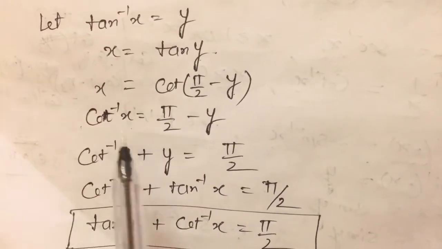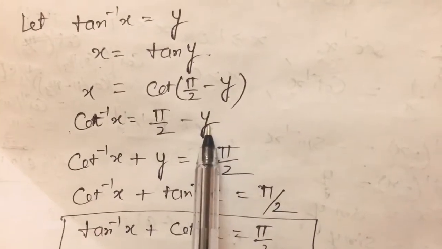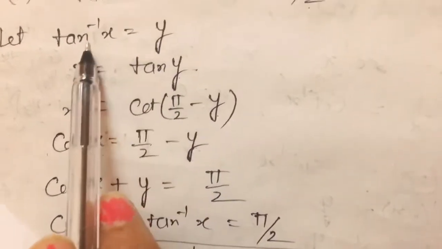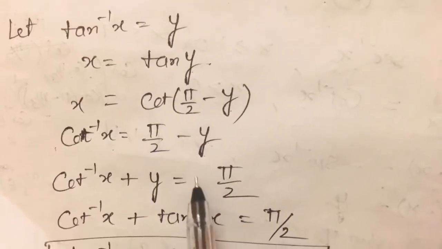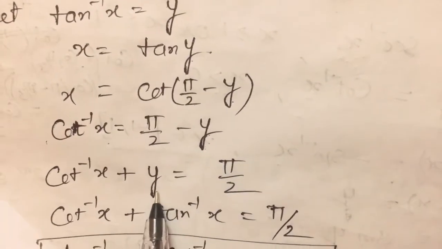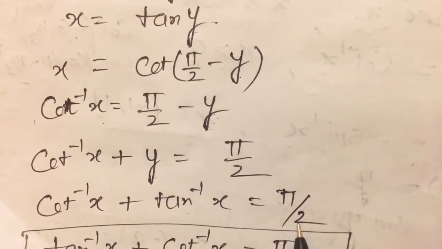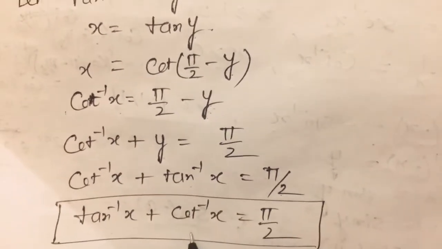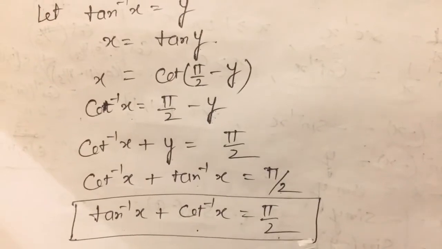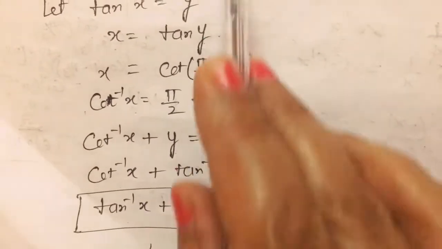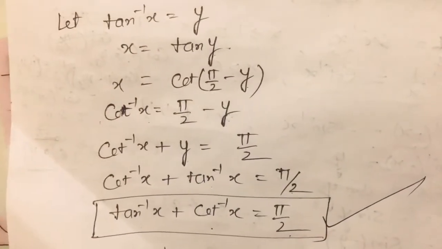Cot inverse x is equal to pi by 2 minus y, and we have taken y as tangent inverse x. So cot inverse x plus tangent inverse x is equal to pi by 2. So tangent inverse x plus cot inverse x is equal to pi by 2. In a similar way we can show the other two properties.